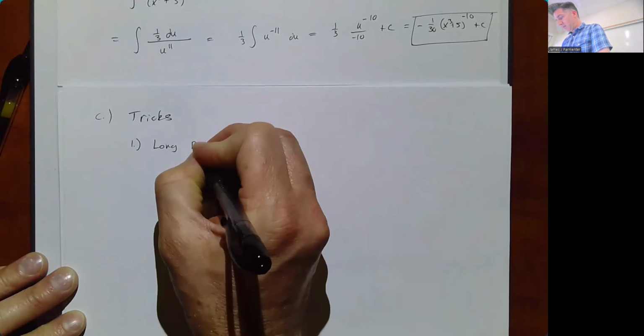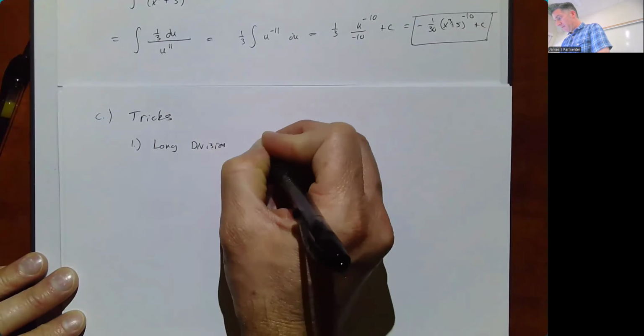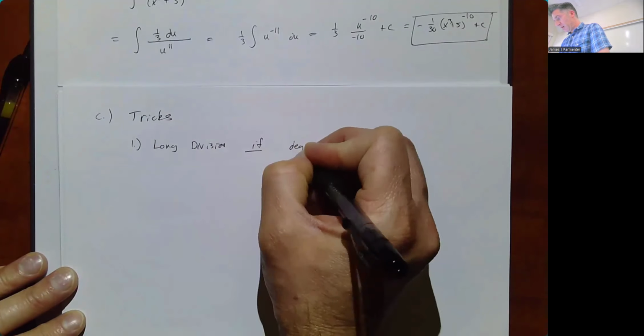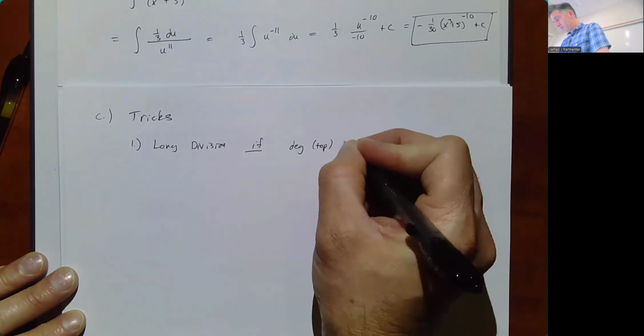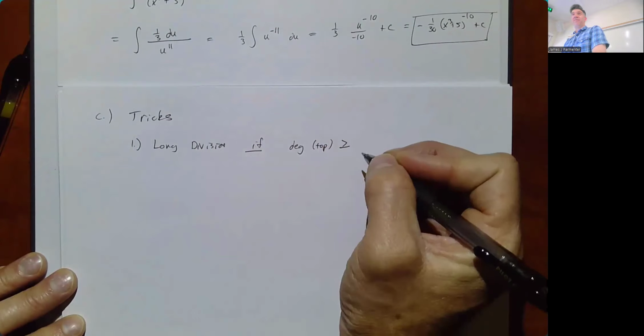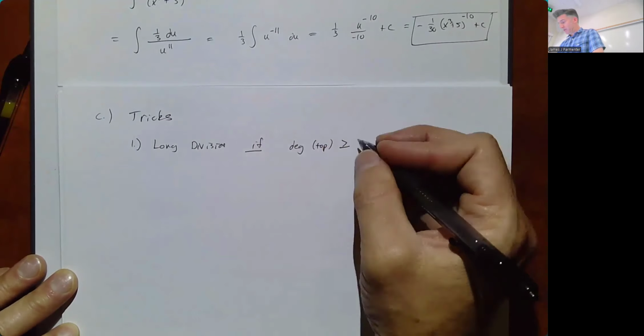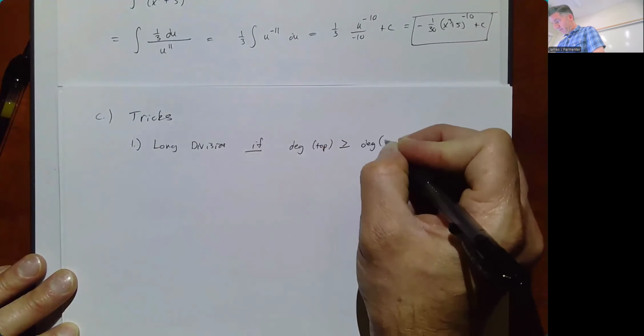Long division, if the degree on top is bigger than or equal to the degree on the bottom. I feel like people miss the equal to part a lot on this.